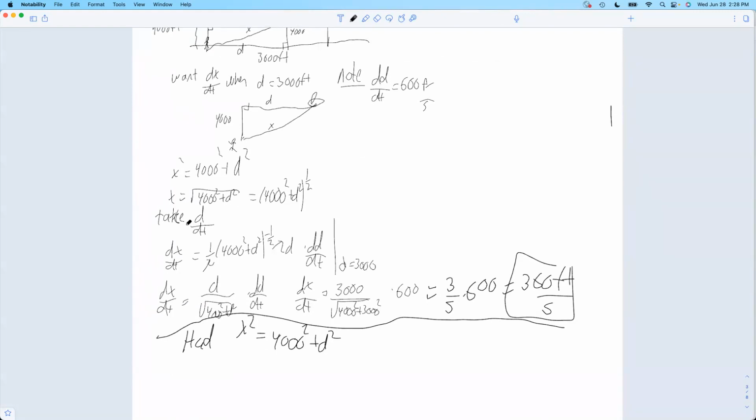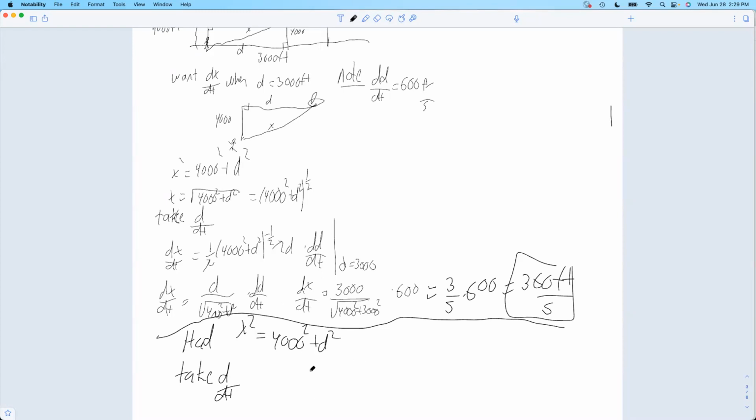Once you get a relationship between your variables, just take the derivative. Just use implicit differentiation. Take the derivative with respect to time of everything, keeping in mind that all your variables depend on time.